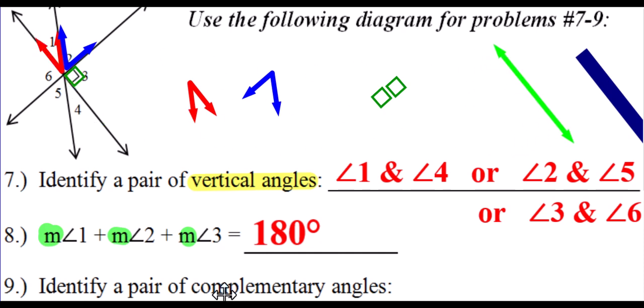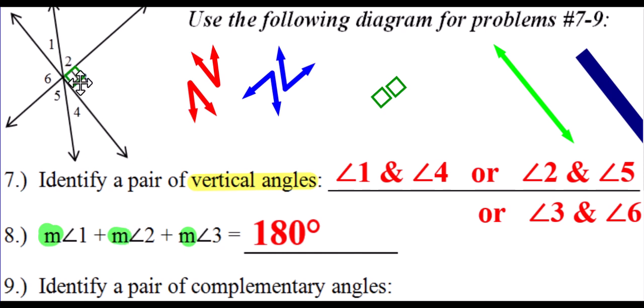All right, finally, problem number 9. Identifying a pair of complementary angles. Now, a lot of kids will try to say angles 3 and 6, but then that means they don't understand what complementary actually means. Complementary doesn't mean the angle itself equals 90. It means it's 2 angles that when you add them together, it equals 90. So here's how you do this.